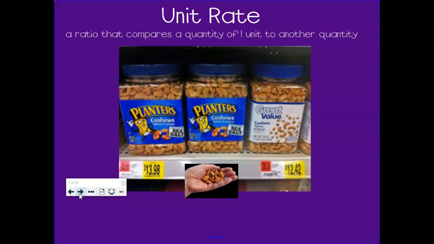Finally, I want you to understand what a unit rate is. A unit rate is a ratio that compares a quantity of 1 unit to another quantity. So in the graphic right here, we have 2 different containers of cashews, which are peanuts, types of nuts. And the Planters is $13.98, and the Great Value is $12.42.